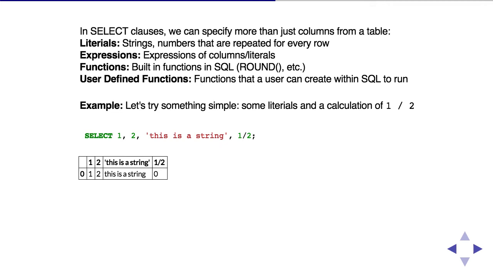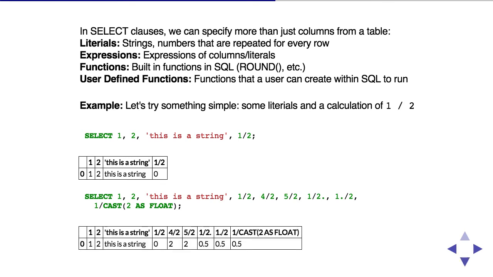It thinks, okay, you supplied two ints, so keep within the integers, and it always takes the floor of that value.